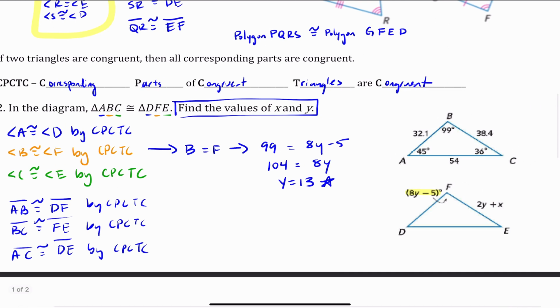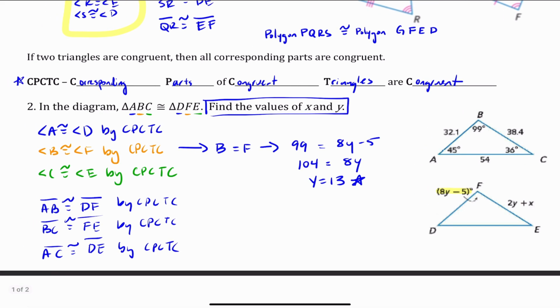Then I'm going to go ahead and take a look at FE. Okay, that's how long the measure of FE is. It's 2y plus x units. So I'm taking a look at this. FE is right here, and it's congruent to BC. So FE is congruent to BC. Again, that's by CPCTC.